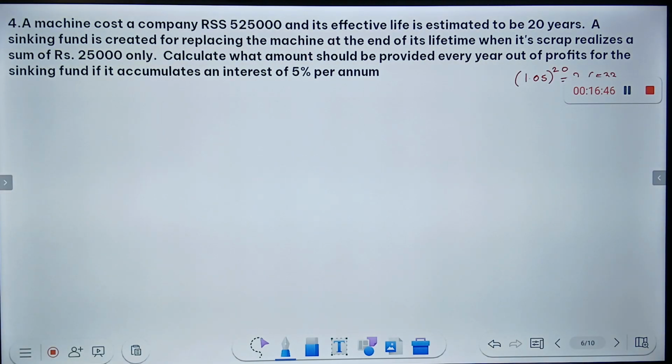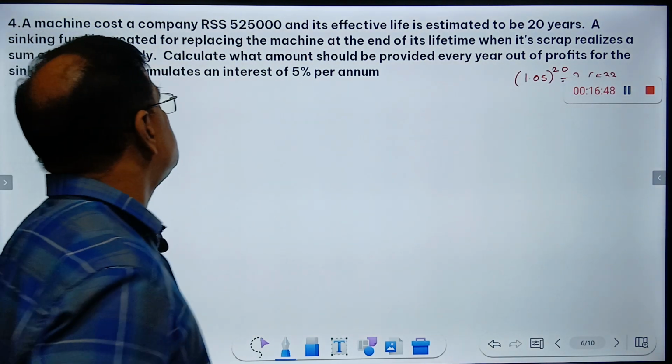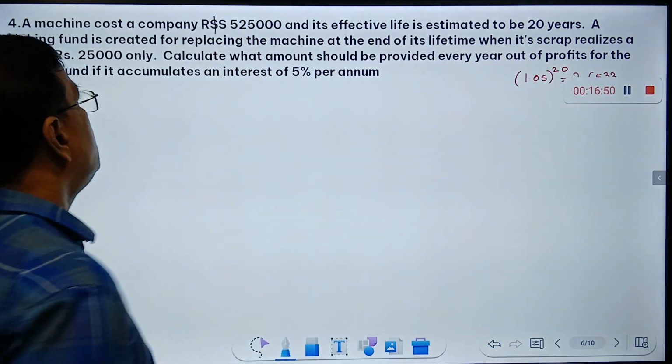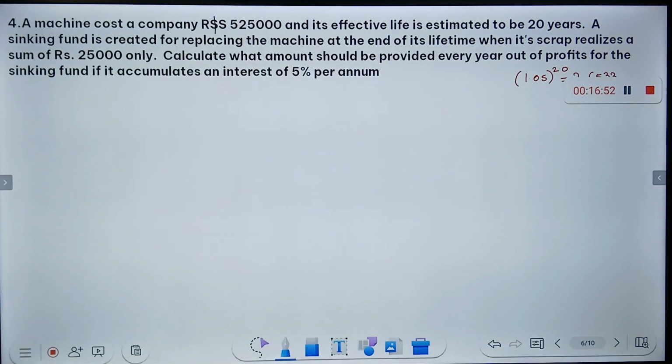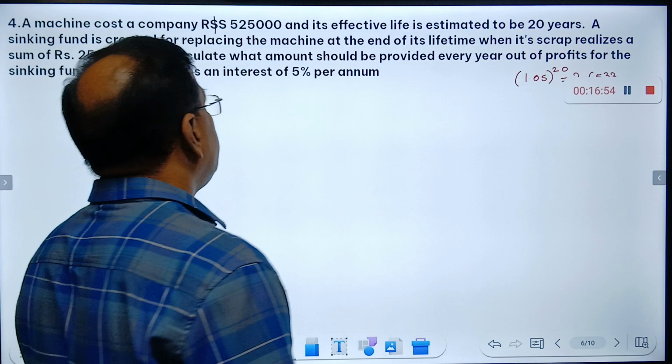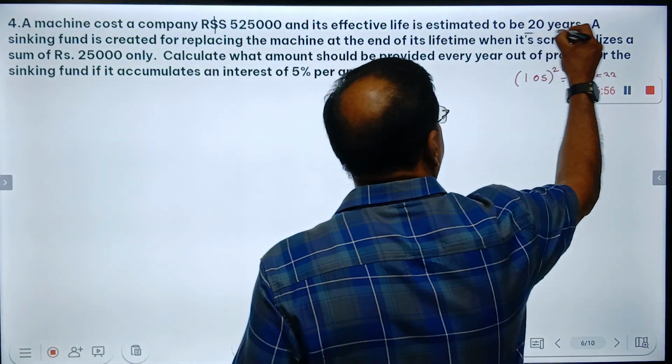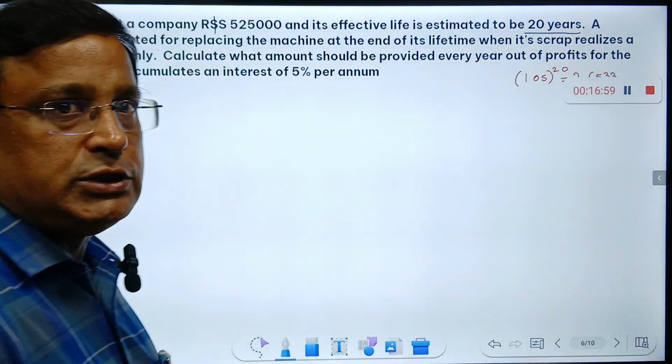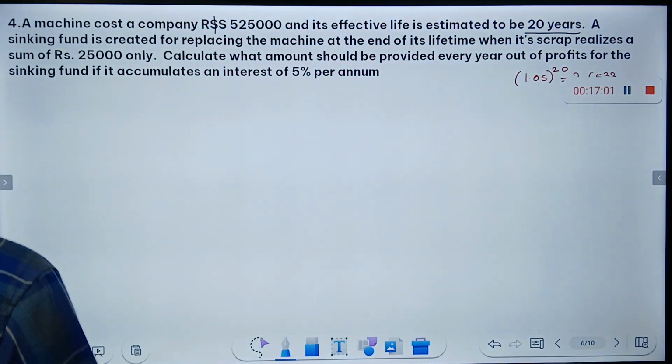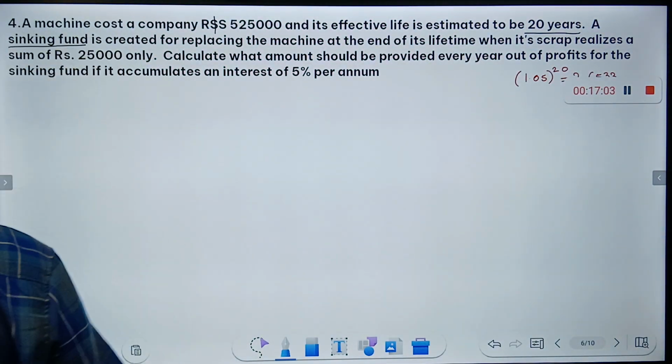A machine cost a company rupees 5,25,000, and its effective estimated life is only 20 years. After 20 years, I have to change the machine. The sinking fund is created. How are you creating the fund?